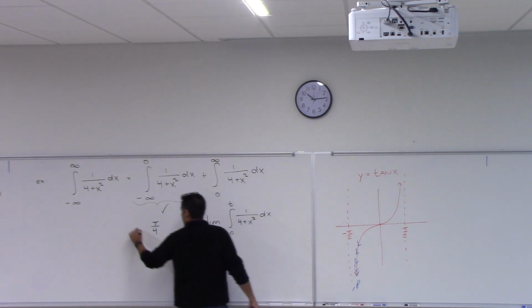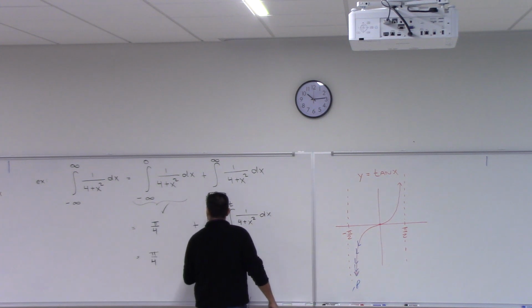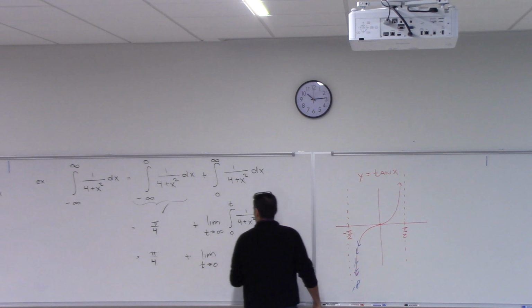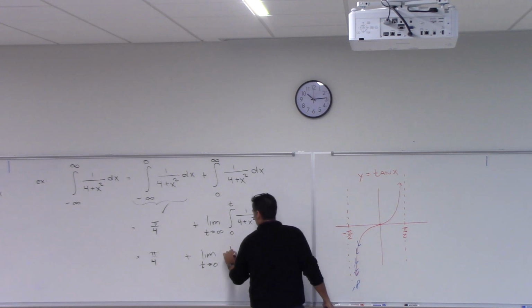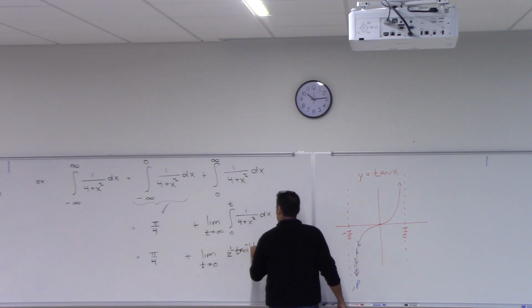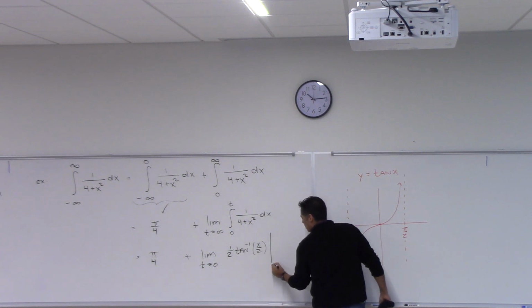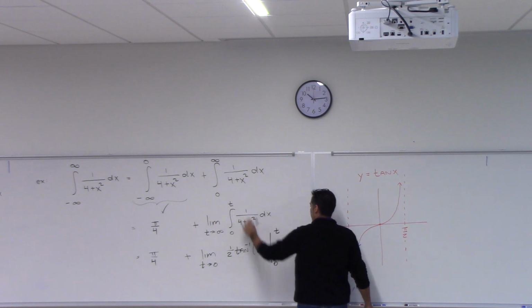And then this is equal to pi over 4 plus the limit as t goes to infinity. Formula 17 again, right? So 1/2 inverse tangent of x over 2 evaluated at the 2 endpoints. This time 0 is on the bottom, t is on the top because of this order here.